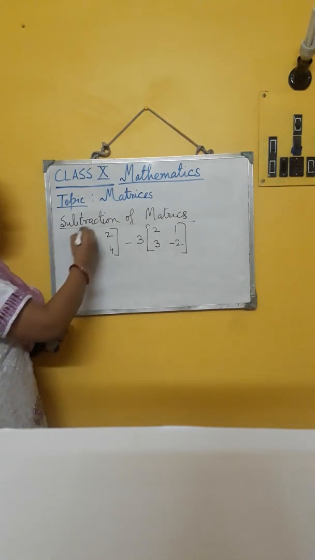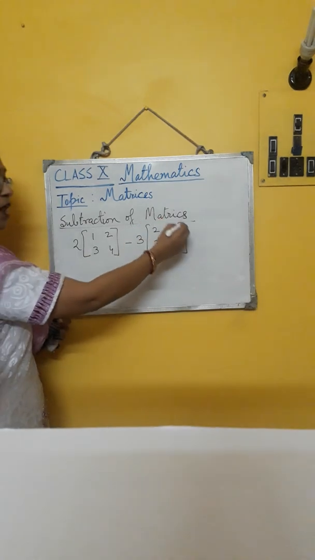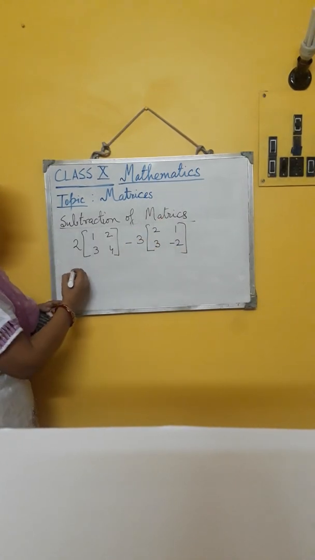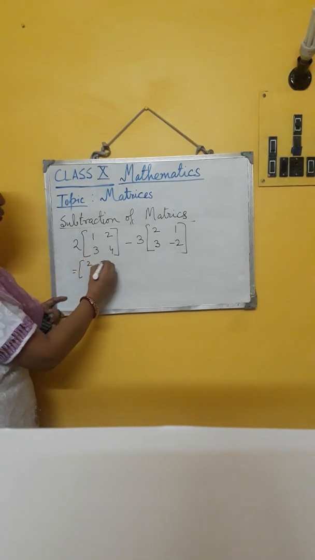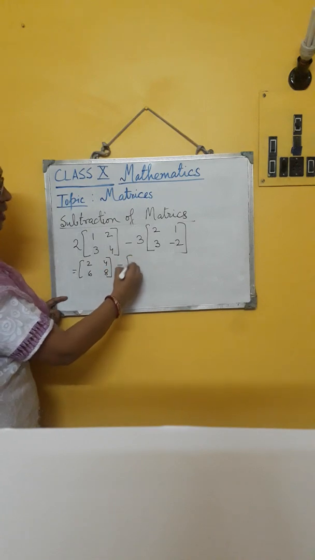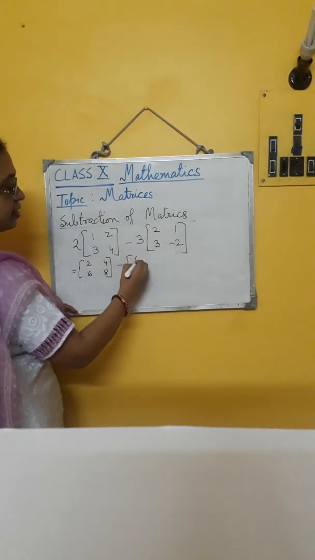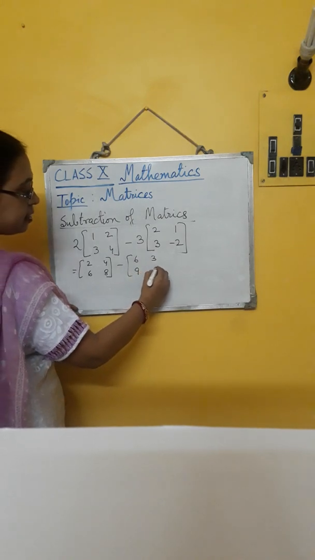This 2 is multiplied with all the elements of this matrix and 3 is multiplied with all the elements of the other matrix. First I will multiply the numbers. We are getting 2, 4, 6 and 8. And here I am multiplying all the elements with 3, that is 6, 3, 9, 6.